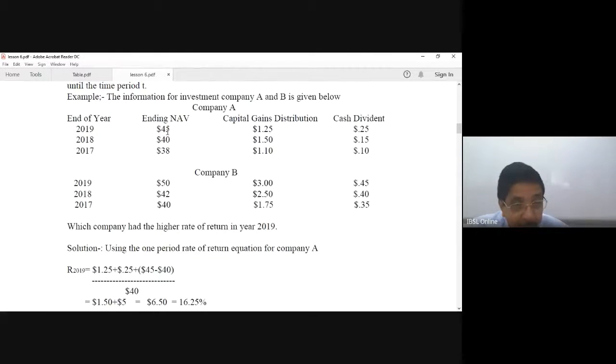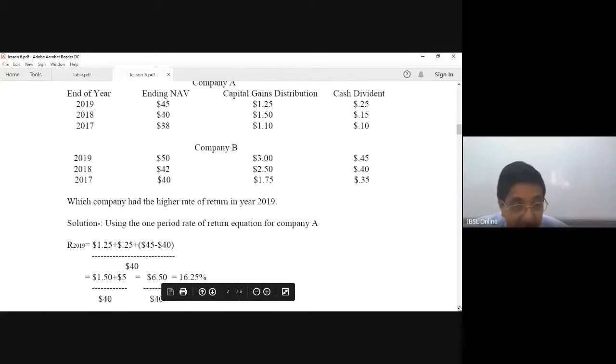So it really implies that at the beginning of 2019, 40 was the net asset value. So you can have 40 as the earlier net asset value. Ending net asset value is 45. So 45 minus 40 will give you the increase in net asset value. So you can just see how it is being calculated.